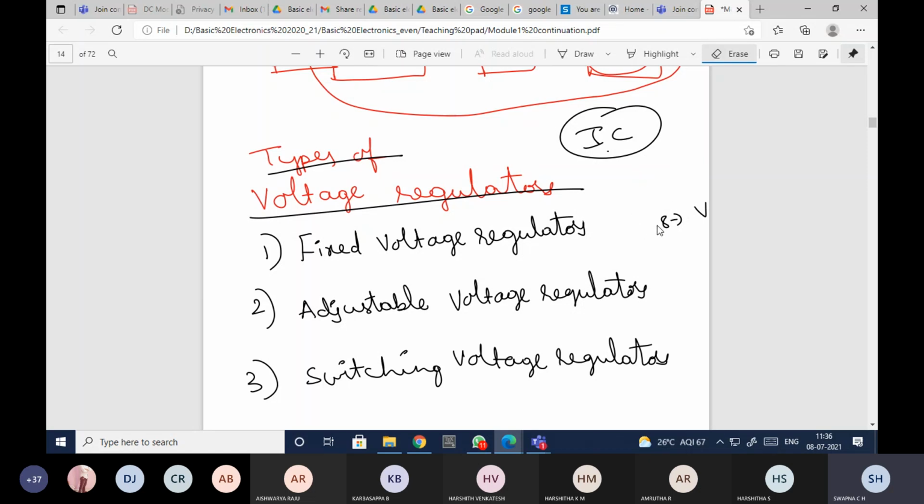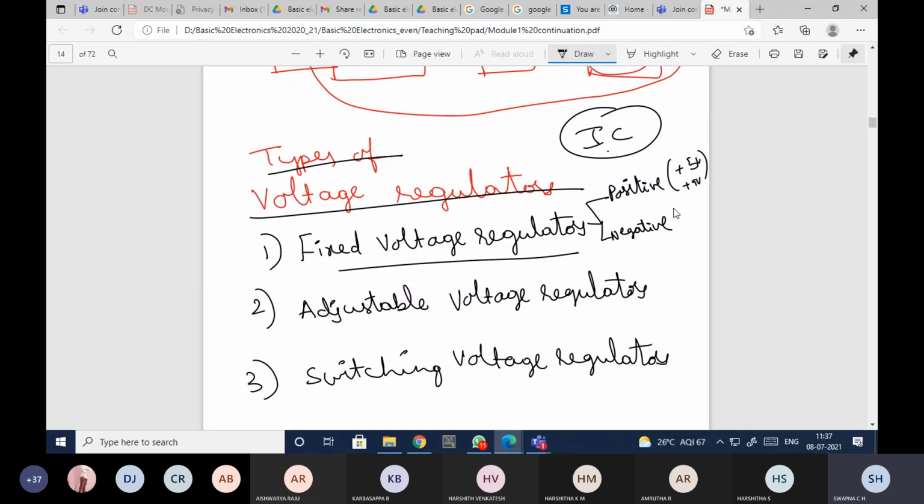So that is the reason these voltage regulators are said to be fixed voltage regulators. Fixed voltage regulators means they provide you some constant output voltage. Again, as I mentioned, you have positive voltage regulators and negative voltage regulators. Positive voltage regulators will give plus 5 volts or plus 9 volts, like that.